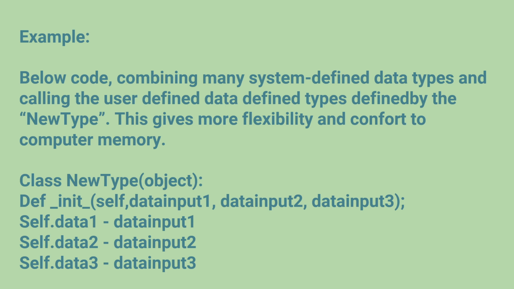The code defines a new type, which is called by a function, and these data types give us more flexibility and comfort with the computer memory. Here we define a class, and after that with the def initialization we define a program so that it can allocate the memory of the positions.